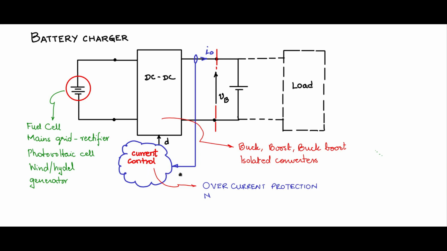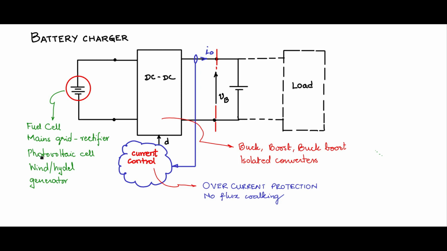Another nice advantage, a spin-off benefit that you would get from current control is that no flux walking will happen. You don't need a flux walking capacitor. And that is a significant benefit, because as you start going for higher and higher powers, the capacitor can become significantly costly in order to prevent flux walking.